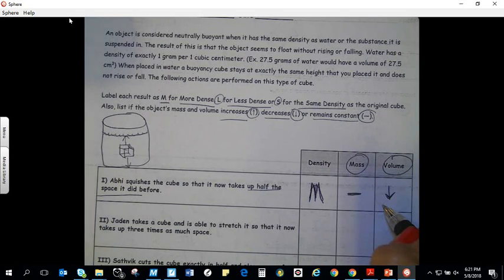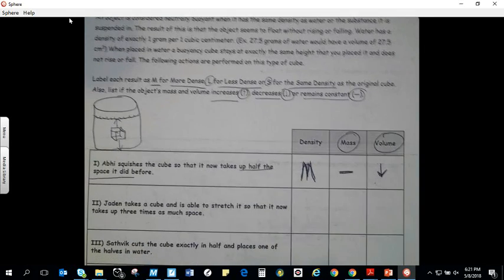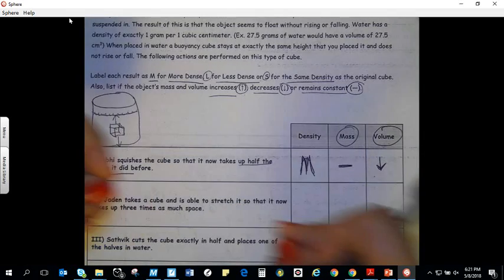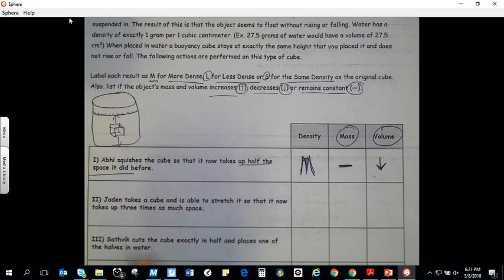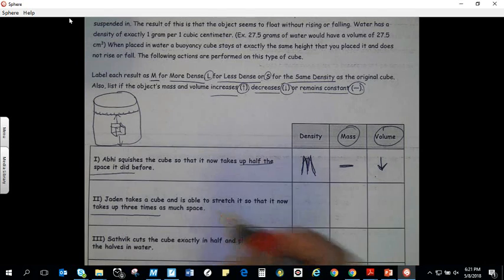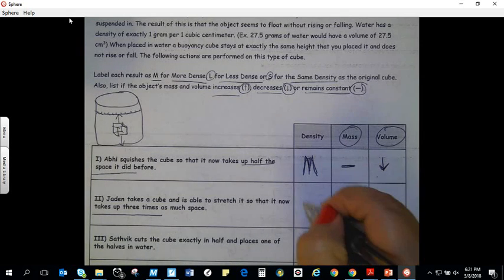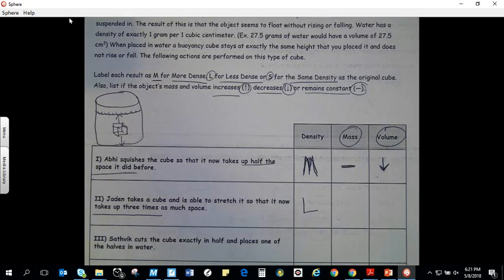Now let's look at the next one. Jaden takes a cube and is able to stretch it so that it now takes up 3 times as much space. If it's taking up 3 times as much space, it's going to have more air pockets in there. So it makes it less dense because there are now more air pockets.